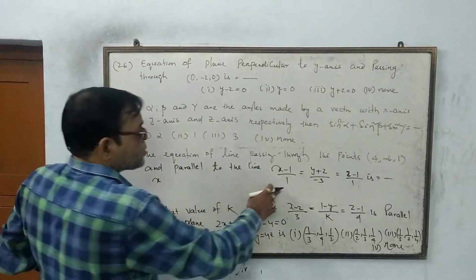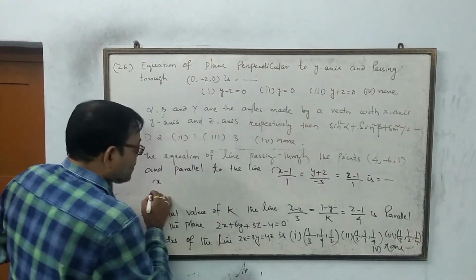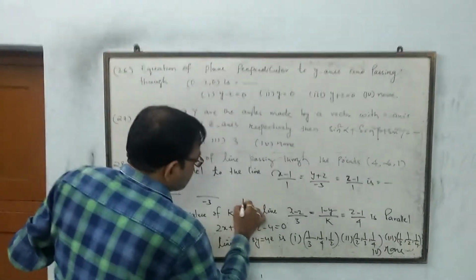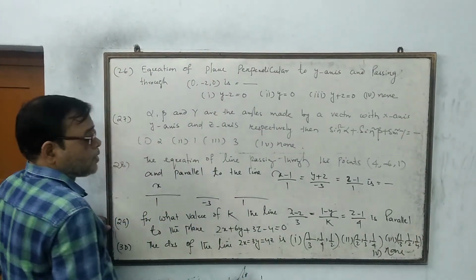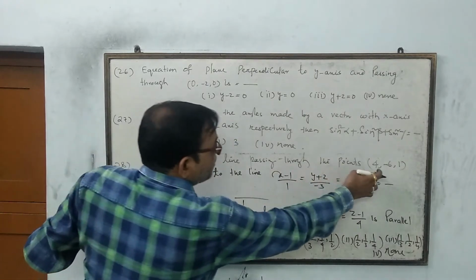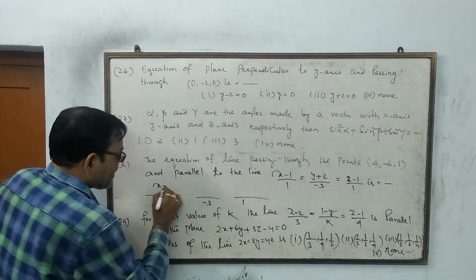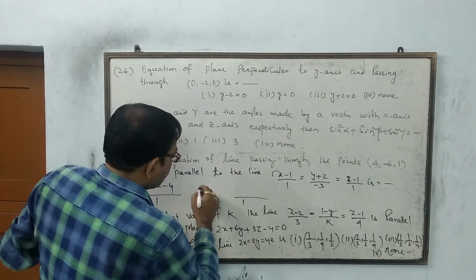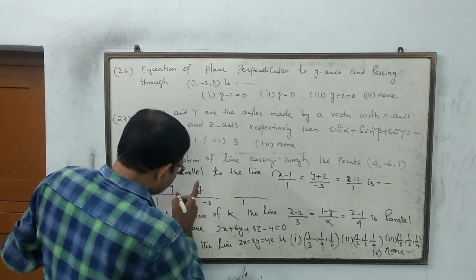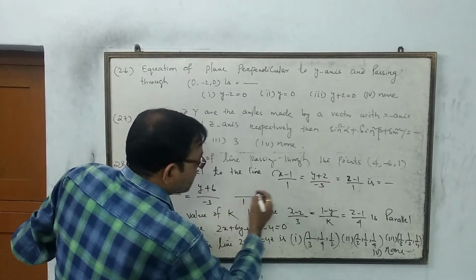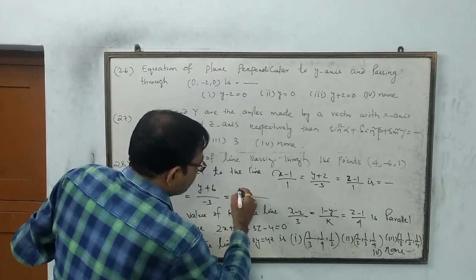So, direction ratios of this line is nothing but 1, minus 3 as well as 1. But since the line is passing through 4, minus 6, 1, x0, y0, z0, so x minus x0 is equal to y minus y0 equal to z minus z0 by c.